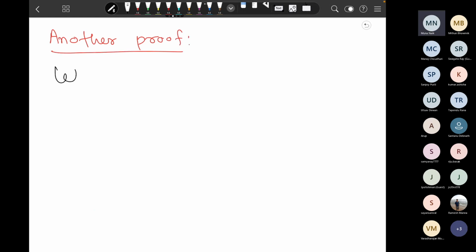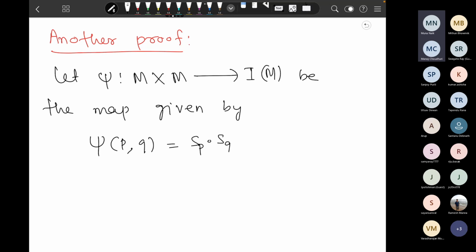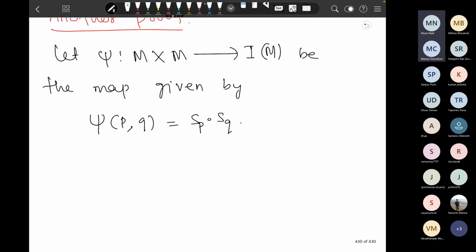So let psi be a mapping from M cross M to I(M) given by psi of (P, Q) equal to S_P composition S_Q. So this is the composition of two isometries.